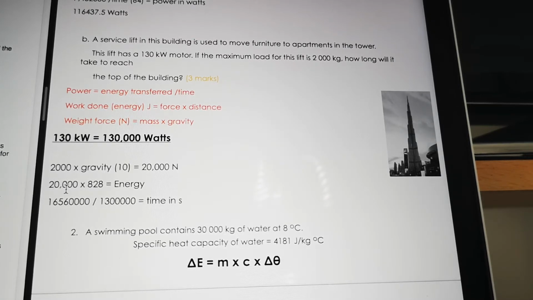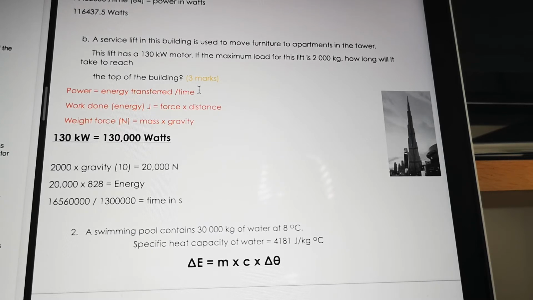And then, once we've got that, we divide the work done by the power. We divide that by so we've got energy. We divide the energy transferred by power in order to get time.